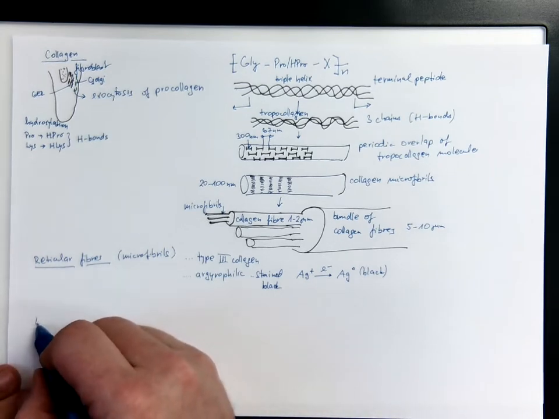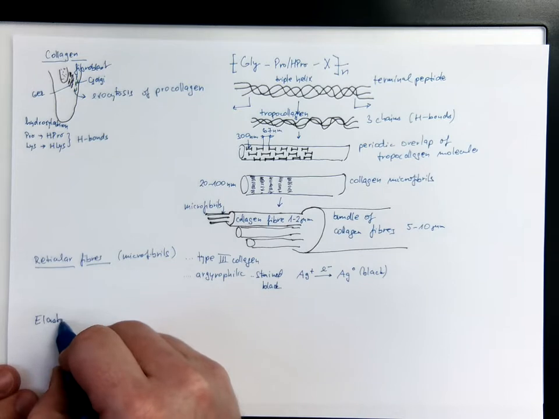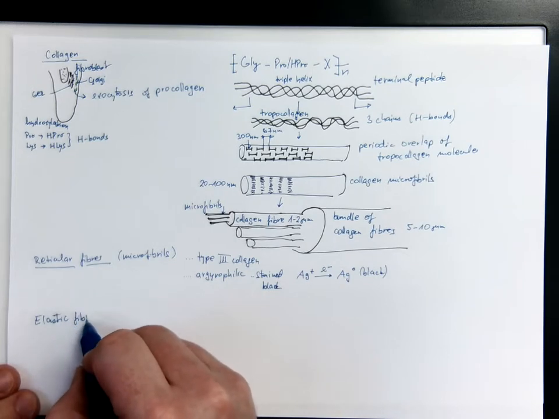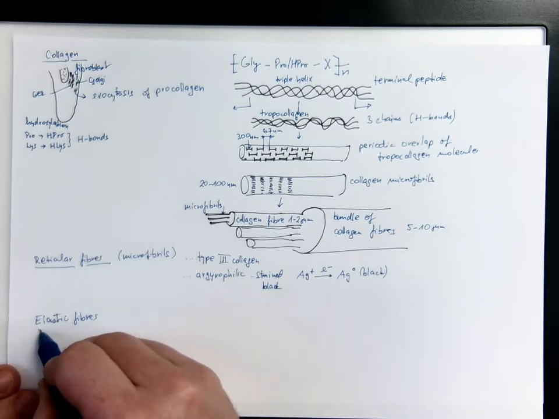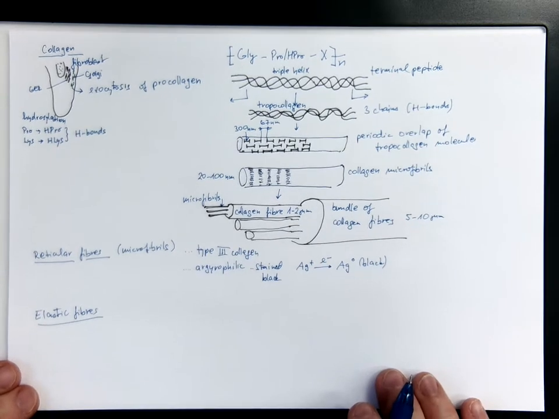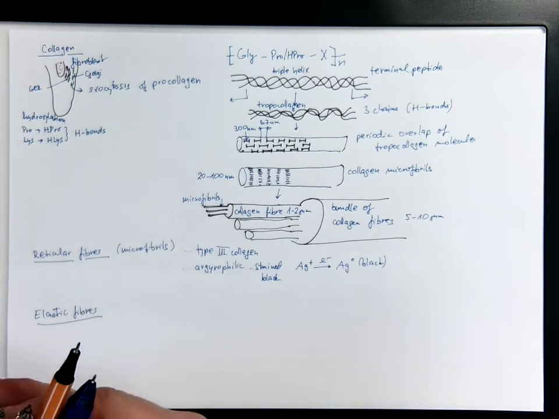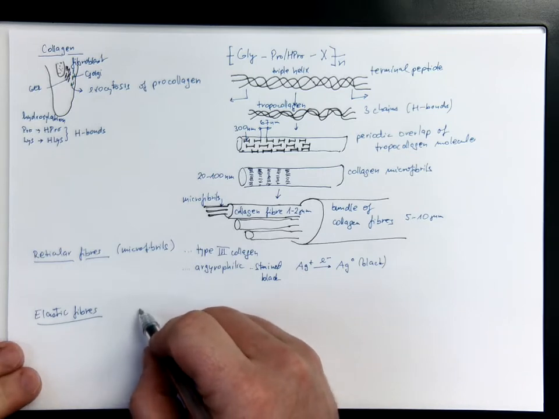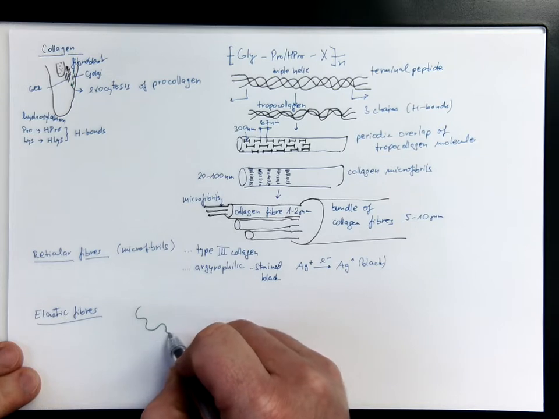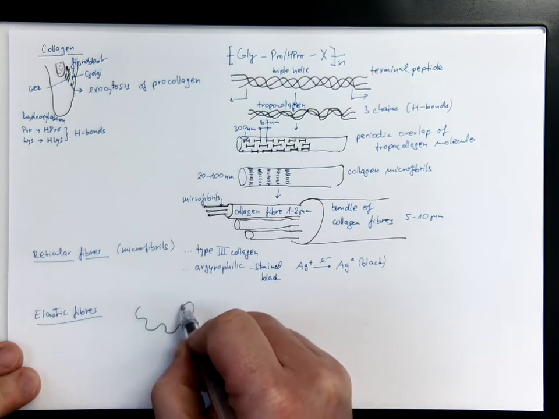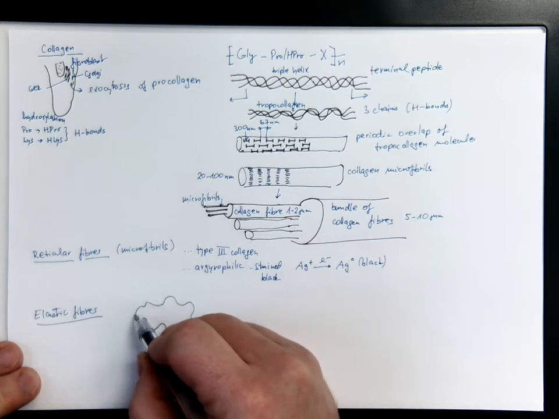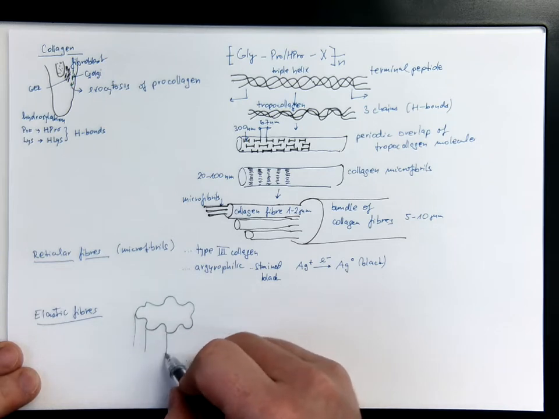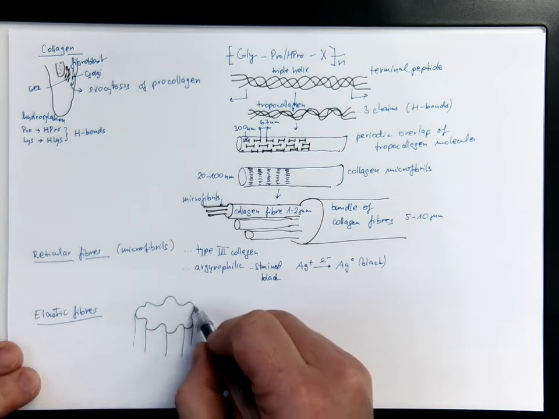Another type of fibers are the elastic fibers. Elastic fibers are compound systems made of a core of an amorphous protein called elastin.